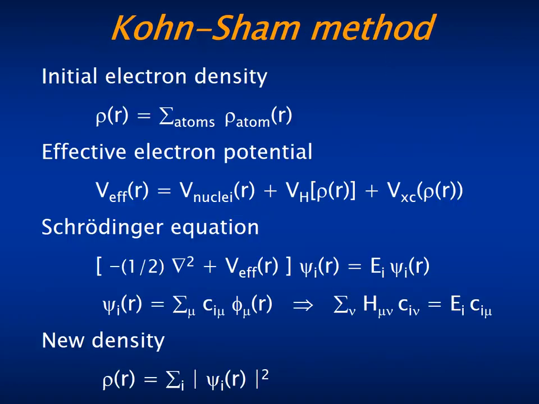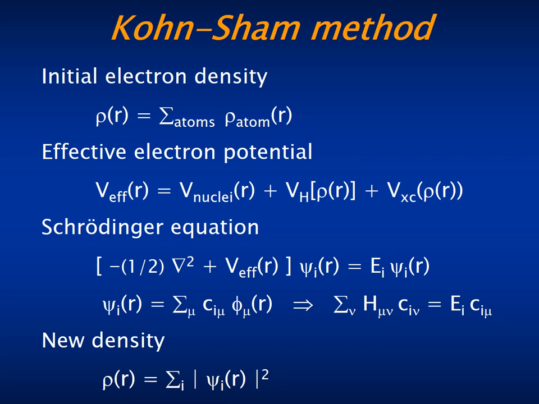The normal implementation of density functional theory is the self-consistent method. You start with an approximate density, usually a sum of atomic densities, and you calculate an effective potential made by the electrostatic potential produced by the nuclei and the electron density, and you add the exchange and correlation potential.